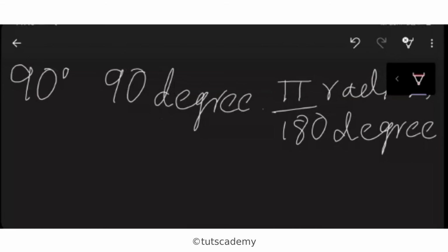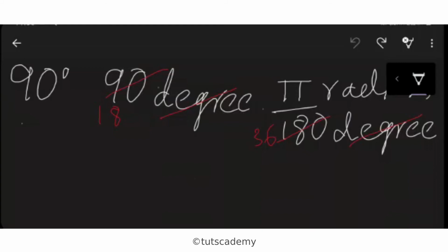As you can see, we can cancel out the degrees, and we're left with 90 pi over 180 radians. We are going to divide both 90 and 180 by 5. 90 divided by 5 is 18, and 180 divided by 5 is 36.